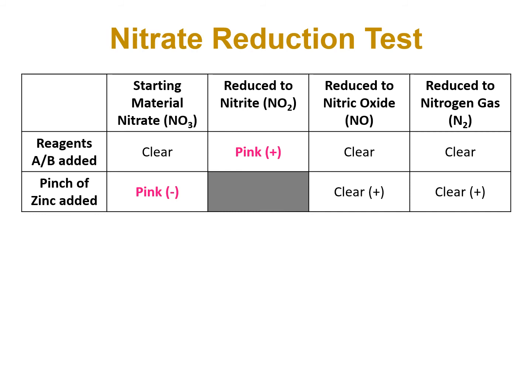But if after adding zinc it stayed clear in color, then in this case it would mean positive, because it would mean that your bacteria did reduce the nitrate, maybe to nitric oxide or to nitrogen gas. So pink the first time would be positive for nitrate reduction. Pink the second time would be negative for nitrate reduction.